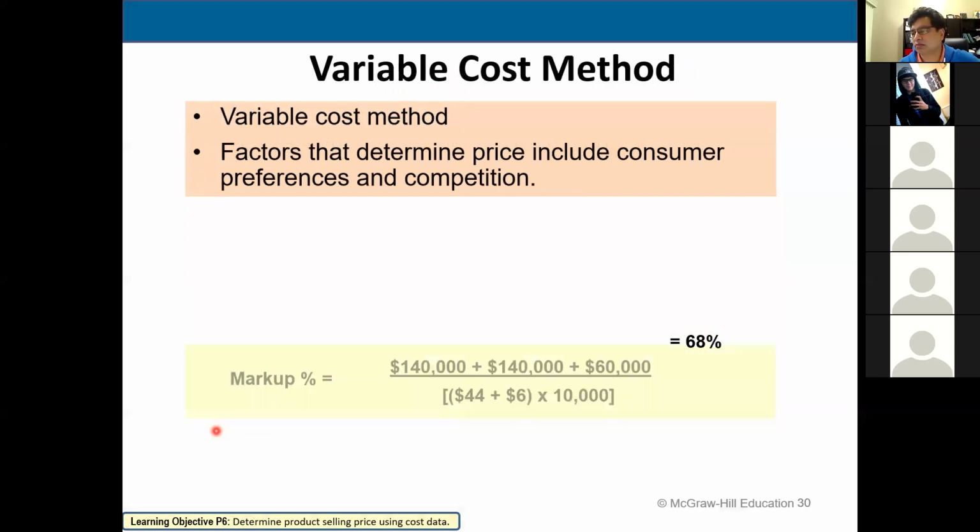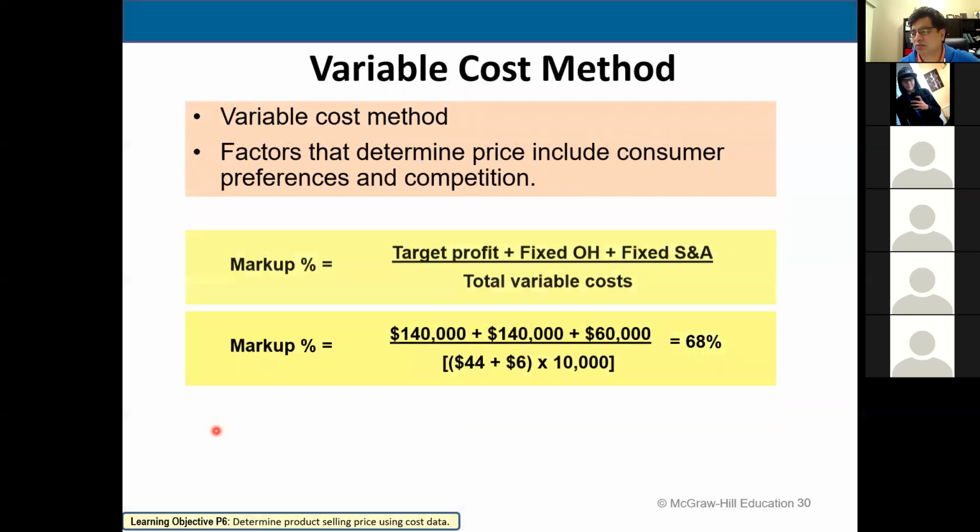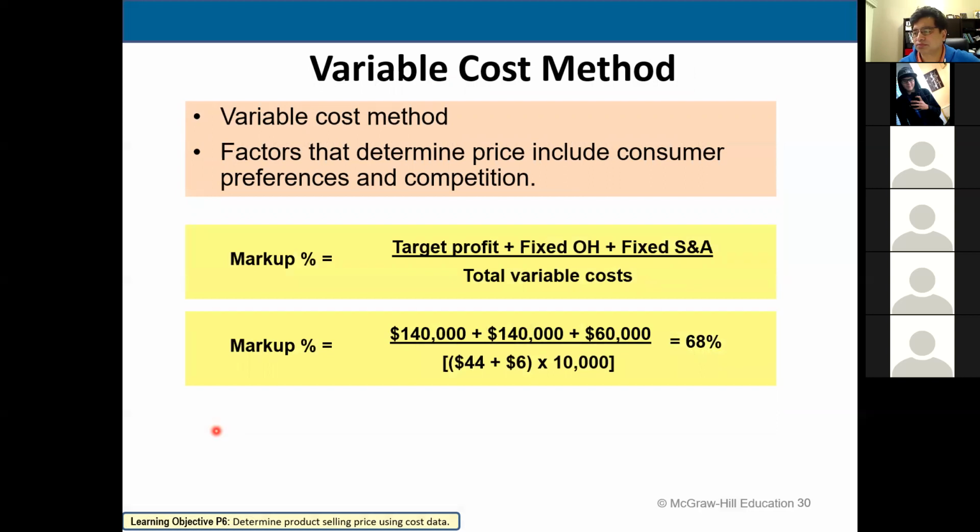Another way: you can also have a markup as a percentage of the total variable cost.